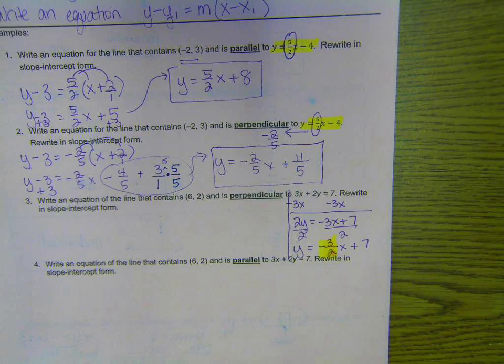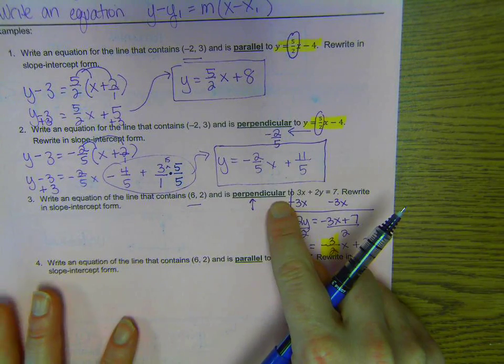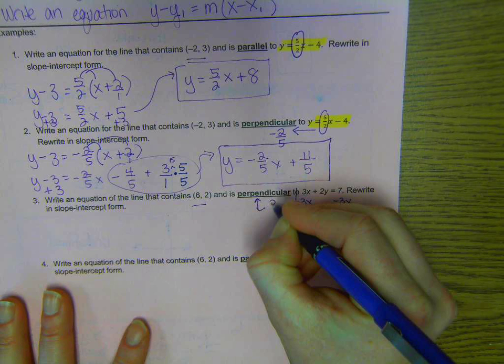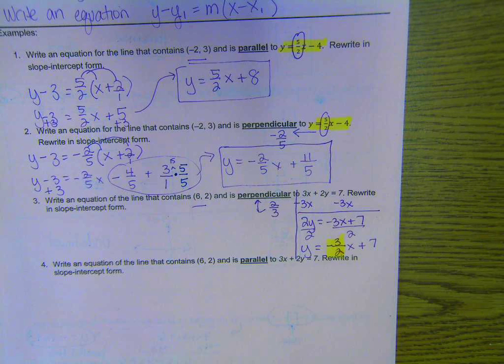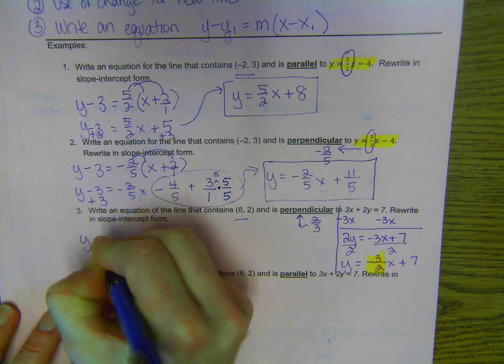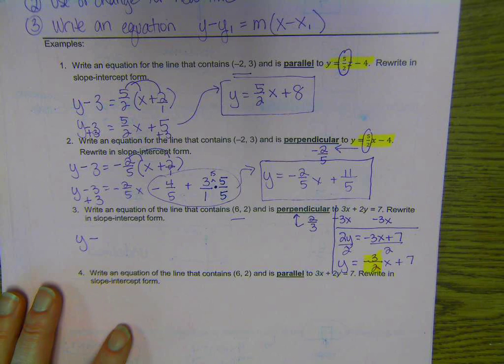All right, here we go. So, I am going to write y minus 2 equals 2 over 3 parentheses.